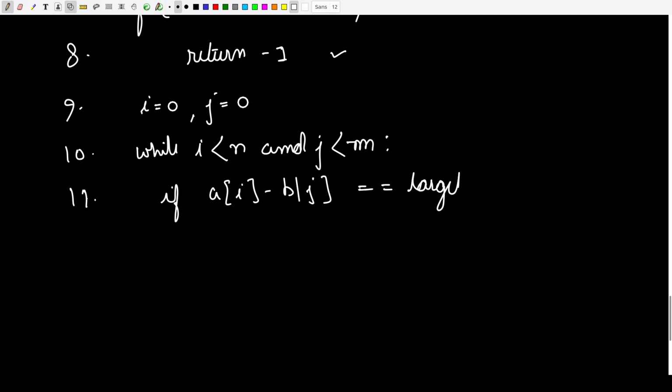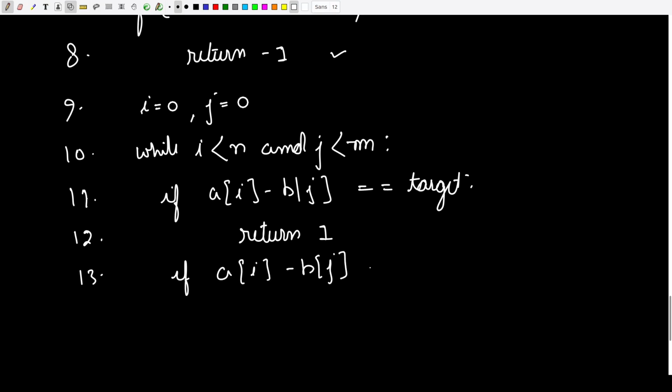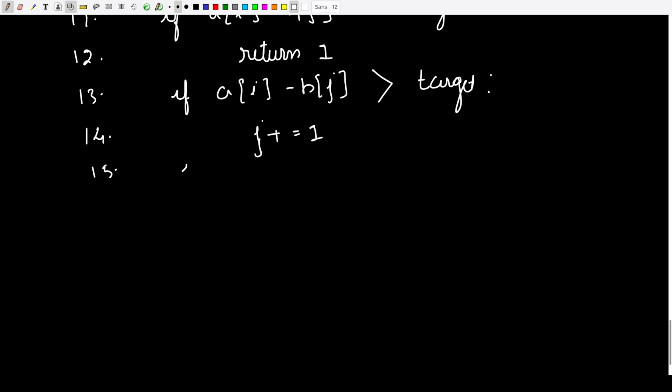If we are able to get to our target, then we simply return 1. Otherwise, we check the difference between the two elements with respect to target. If the difference is greater than target, then the jth index will be increased by 1. Otherwise, the ith index will be increased by 1.